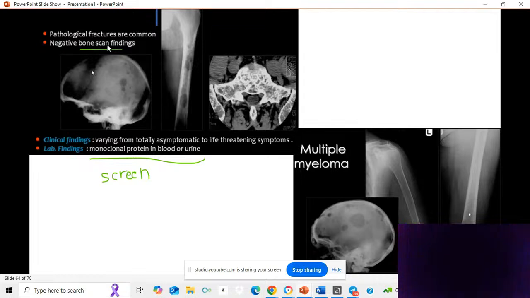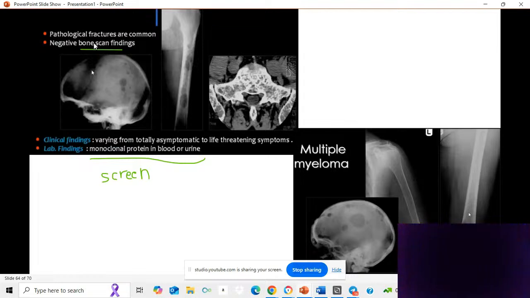And the bone scan will be negative for multiple myeloma, except for some pathological fractures.